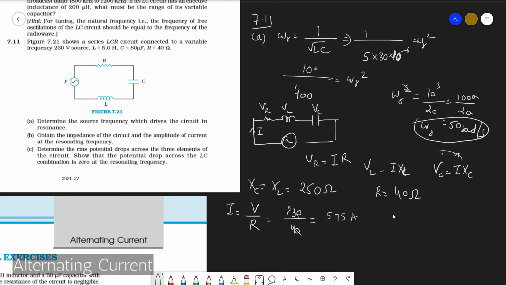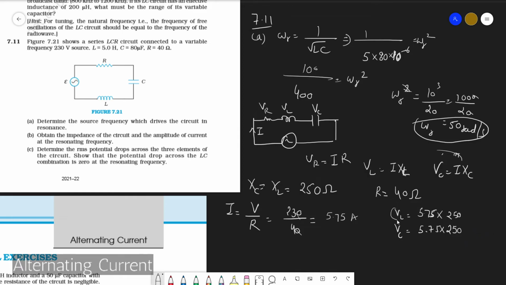Obviously, now you calculate what is now VL. VL is nothing but this 5.75 into XL, which was 250 ohms, and VC is nothing but also 5.75 into 250.